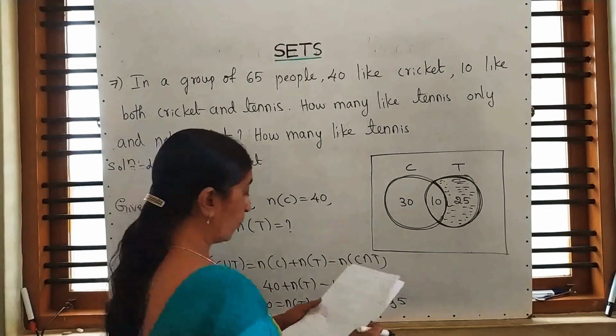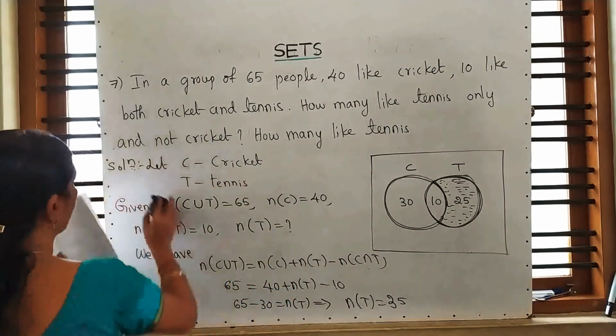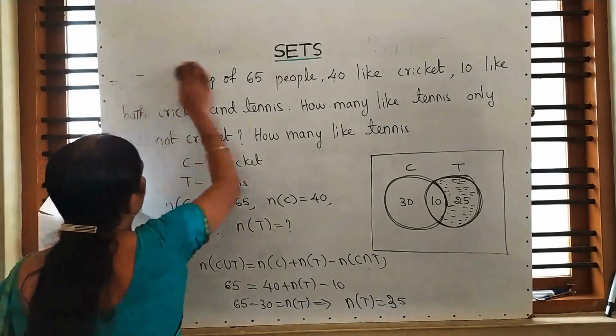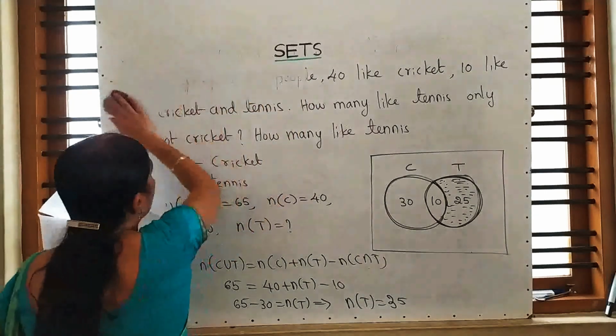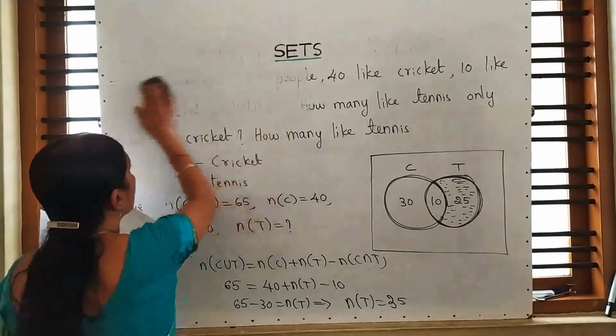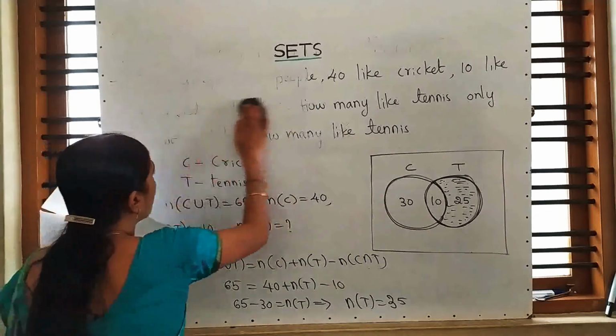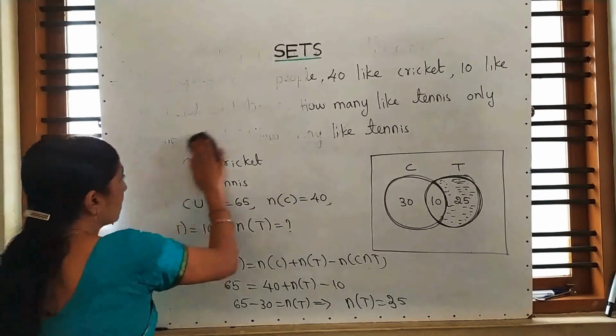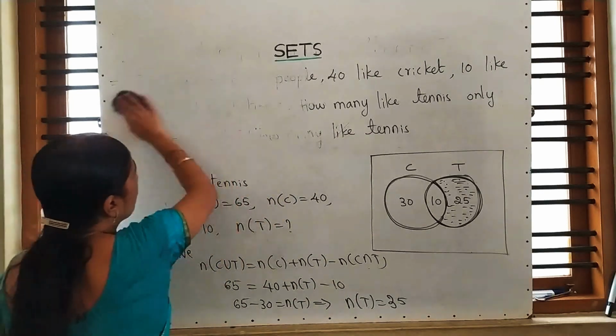Understood? For that I will give one important formula here first. See the figure. That's why I am telling the students, please practice the figure, so you cannot make any mistakes in the solution.